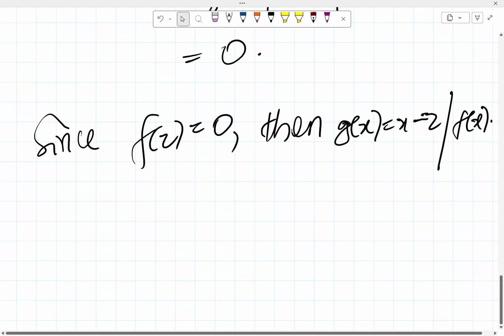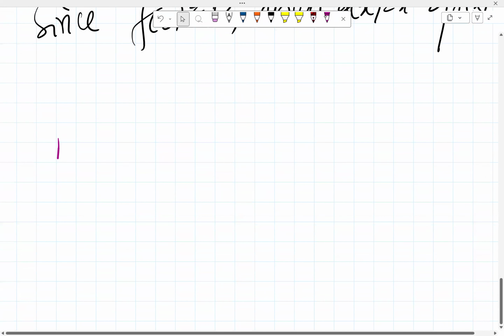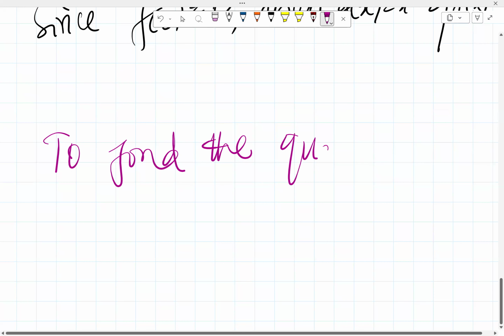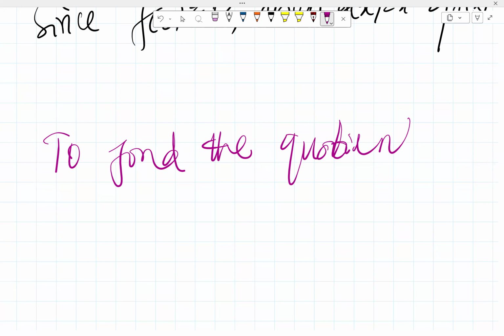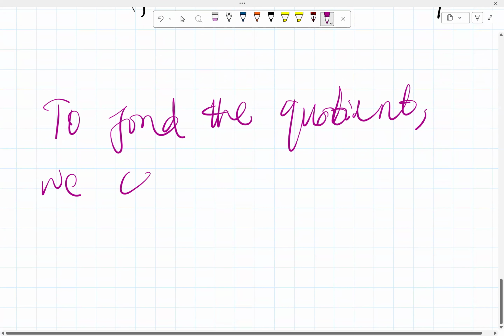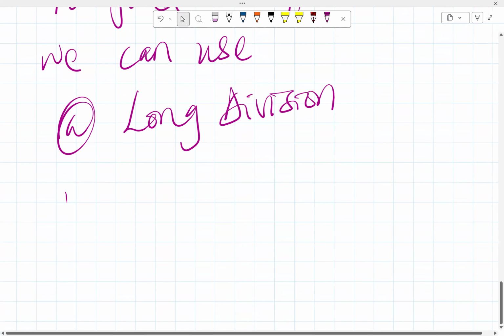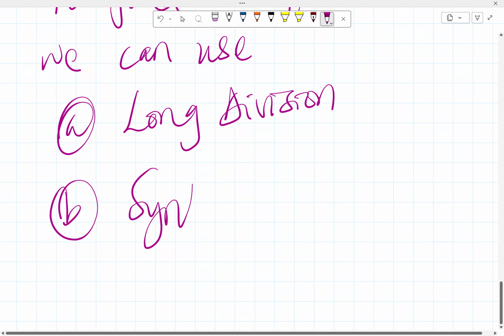So the next question is to find the quotient, okay? So to find the quotient, that's our q of x now. To find the quotient, what we can do is use long division, and we can also use what is called synthetic division.